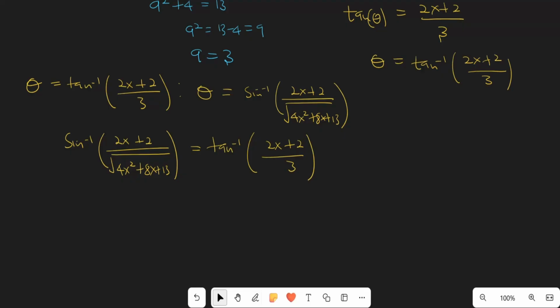So that's what it means: these two terms are equal.